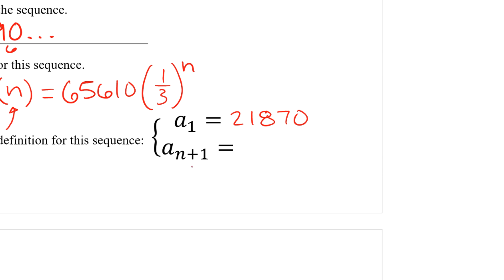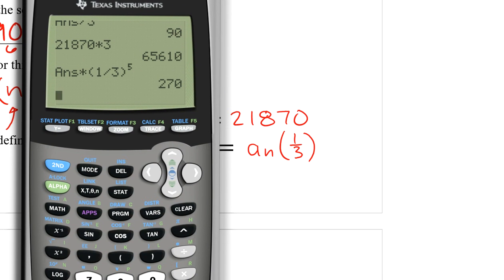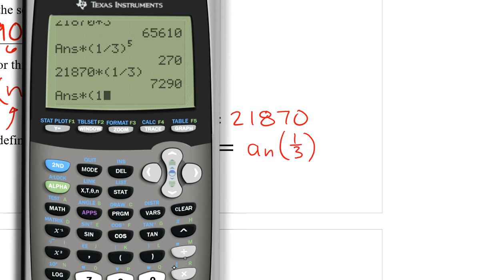And then this is how I read this. To get the next term in the sequence, you take the term that you're at and you multiply by 1/3. So this just says take the a sub n and multiply it by 1/3. So if I want the next term in the sequence, all I'm doing is taking the 21,870 and just multiplying that by 1/3. And if I want the next one, I just take the one that I'm at and multiply it by 1/3.